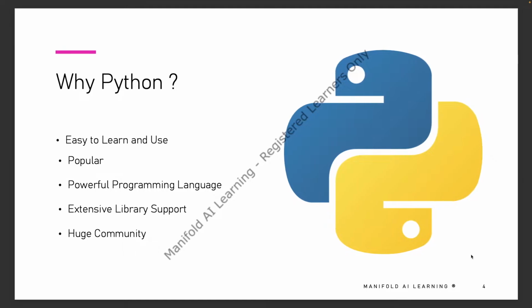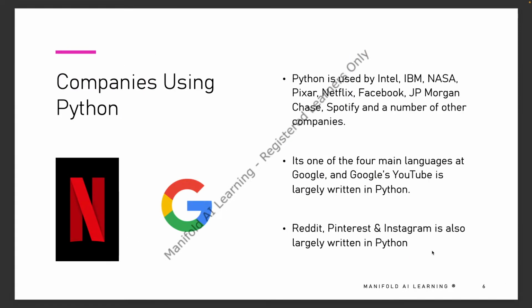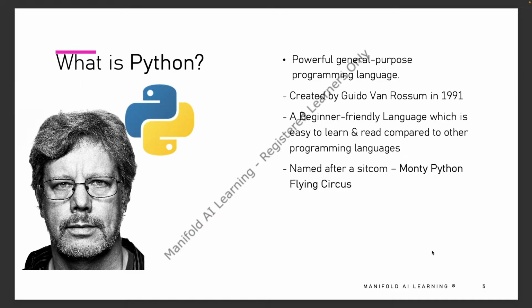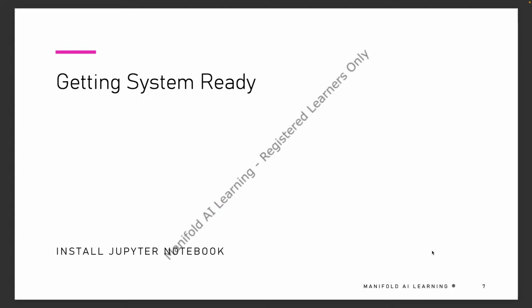And the Python developer is Guido van Rossum, and the main idea was to create a beginner-friendly programming language. This Python programming language is being used in a variety of companies. I'll just skip through this.